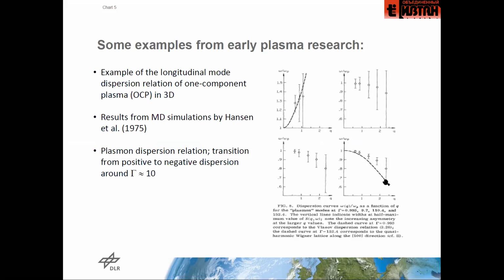So the effect is just the same. For the same reason, the sound velocity in Yukawa systems decreases with increase of interparticle coupling, with interparticle correlations. So it produces a negative effect on the frequency.